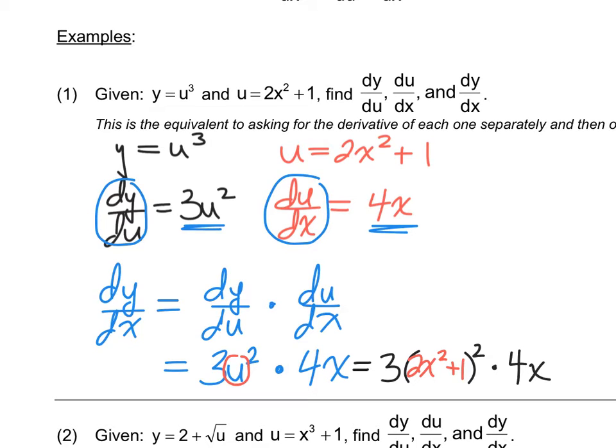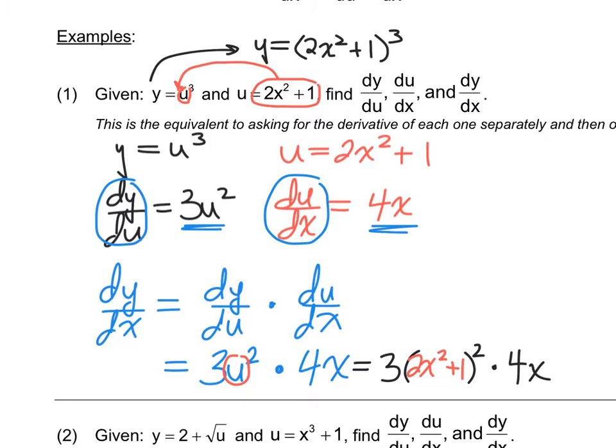All right? So that's kind of a weird thing to think about, because what that's telling me is that if I had done my substitution right from the beginning, I would have had a composite function y equals 2x squared plus 1 raised to the third power.